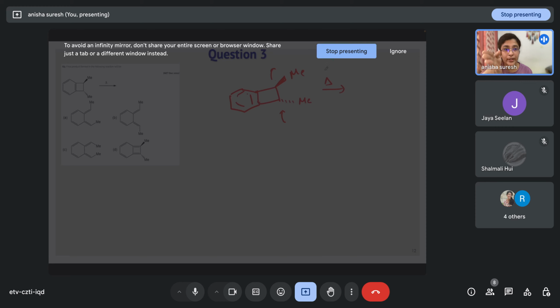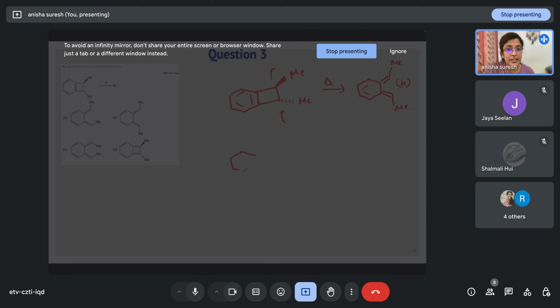This bond which is above will go outside, leading to methyl at this position, and this methyl which is below will also be going outside. The hydrogen will be going inside, so the methyl will be going outside. So it will result in the formation of product B.